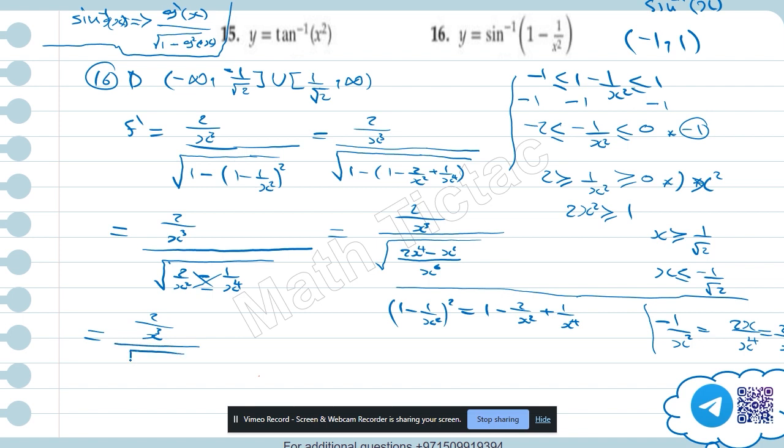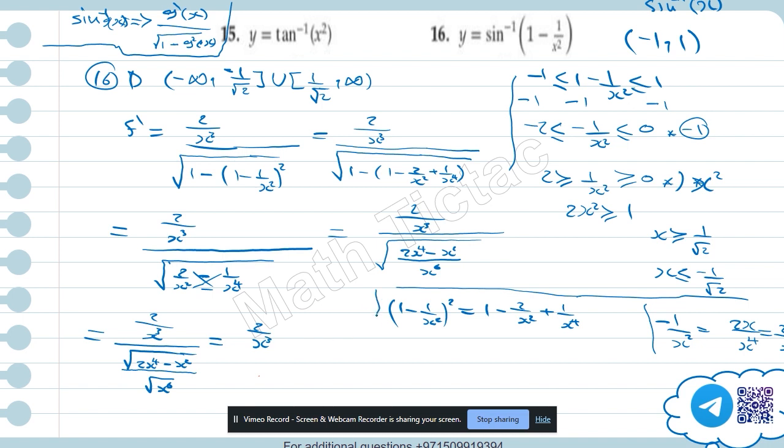Let's make this equal to 0. So in here, zeros of the derivative, I will write it again over here, 2 over x square root of 2x squared minus 1. Zeros: 2 equal to 0, which is impossible.